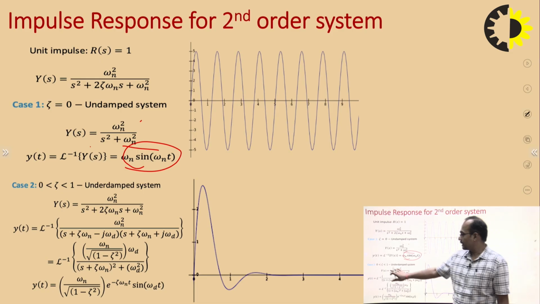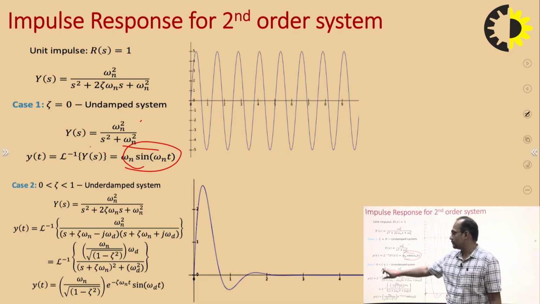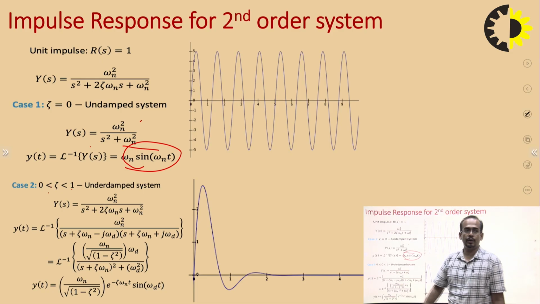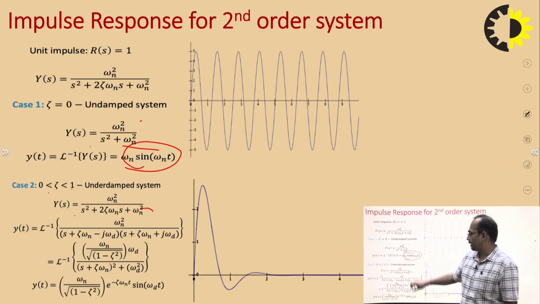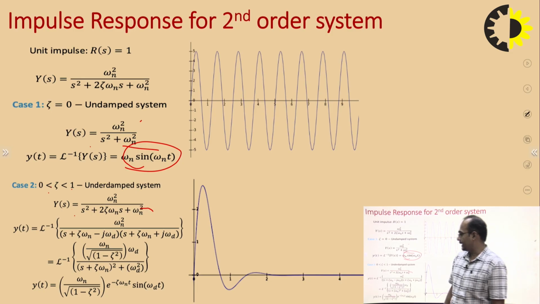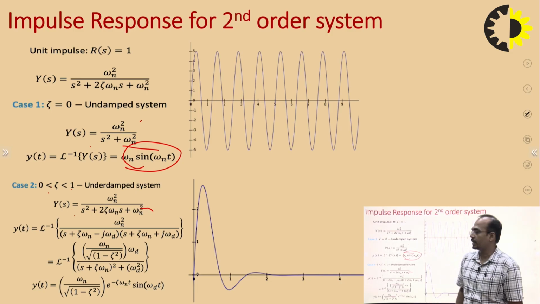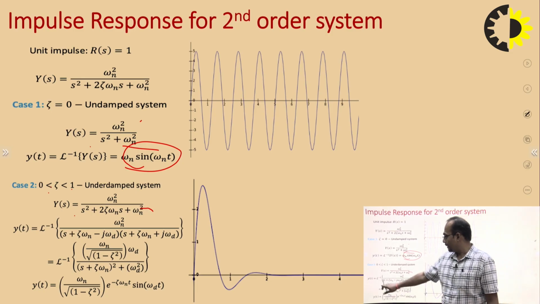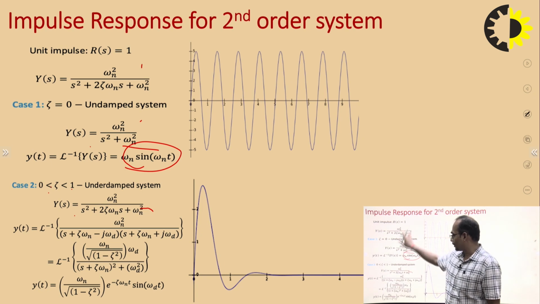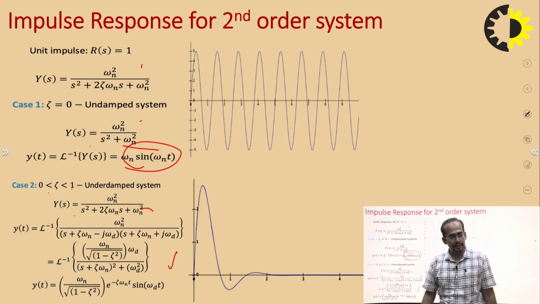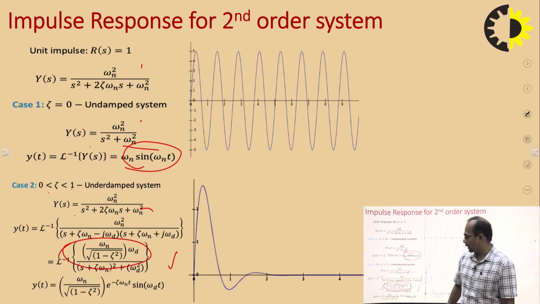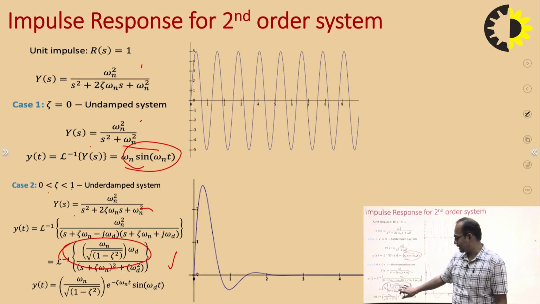In case of underdamped system, zeta is in between 0 and 1. So Y(s) is equal to omega n square upon s square plus 2 zeta omega n s plus omega n square. By putting R(s) equal to 1, we have to calculate y(t) by finding the inverse Laplace of this equation.